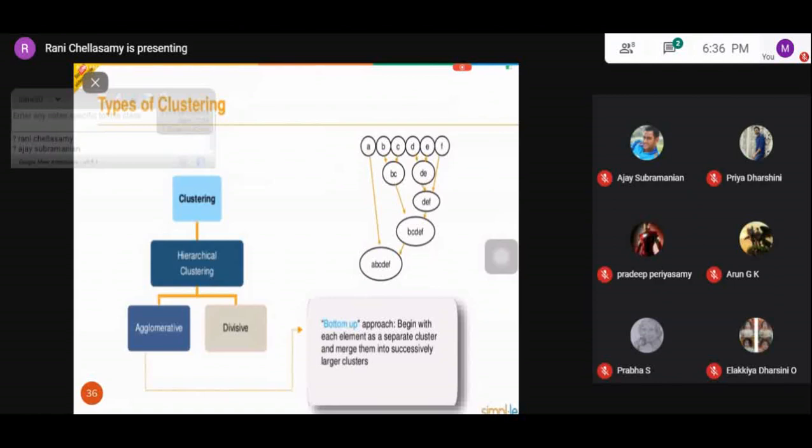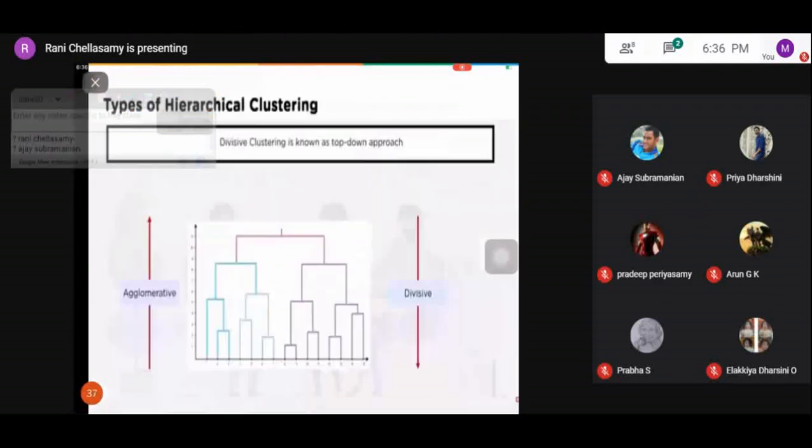Coming to the divisive method: divisive clustering is known as the top-down approach. From the root element, it goes down to the leaves.